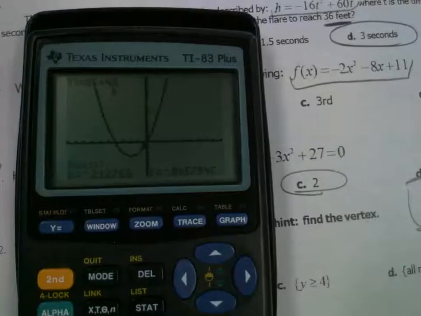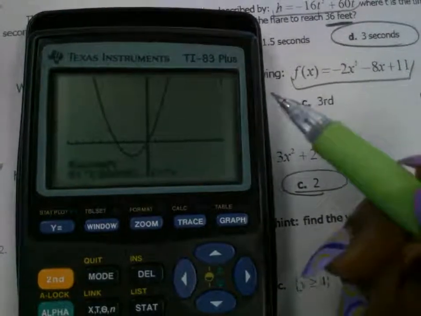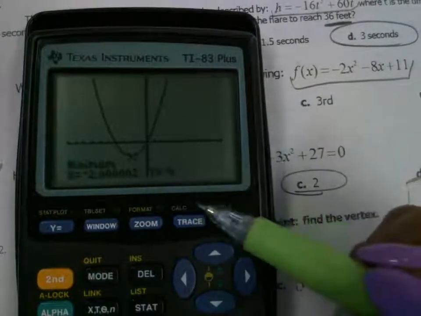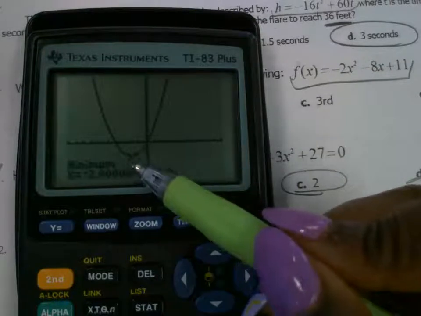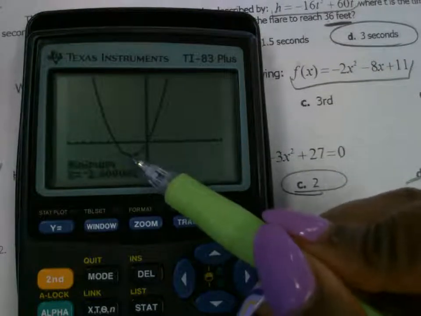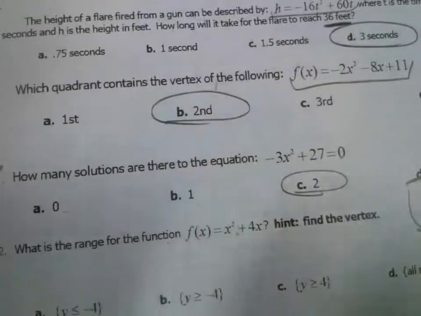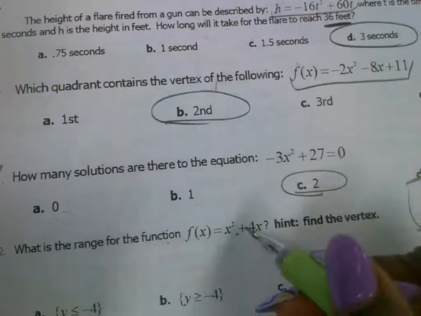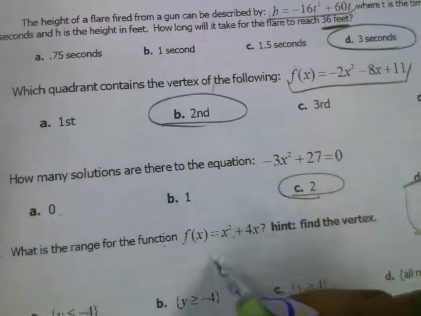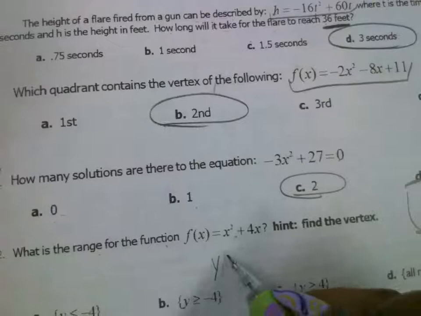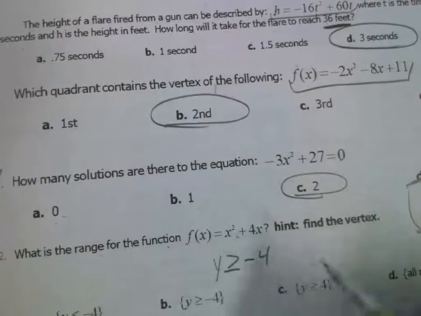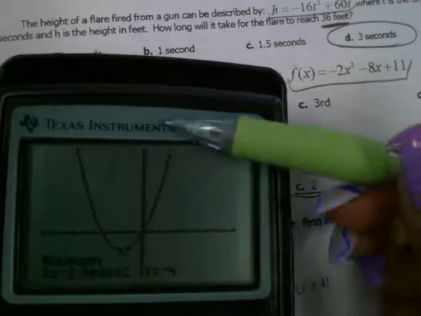So this bottom number is negative 4. So it goes from negative 4 on up. So y is greater than or equal to negative 4 because it starts at negative 4 and it goes up.